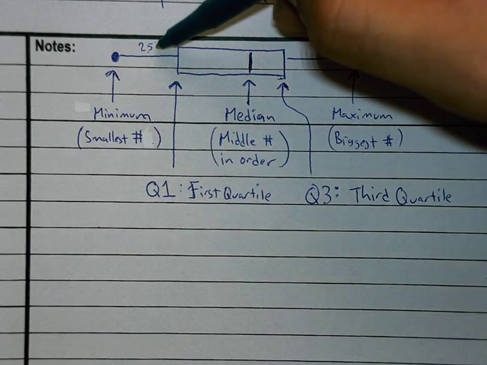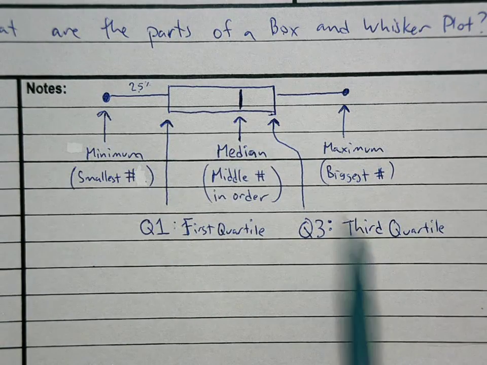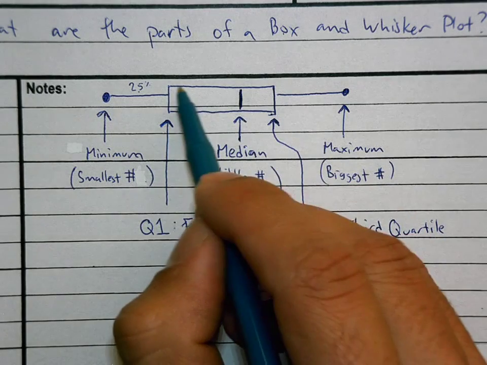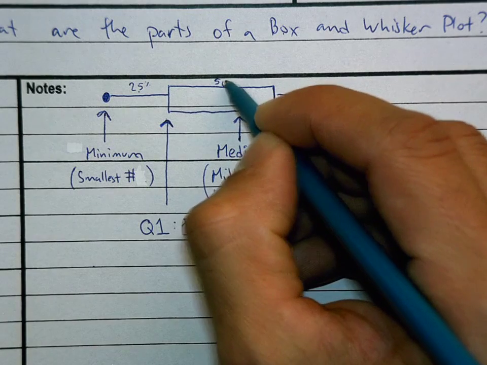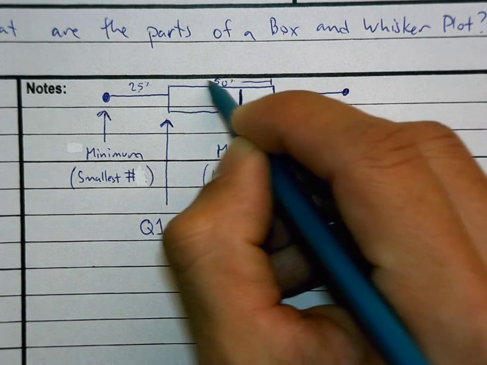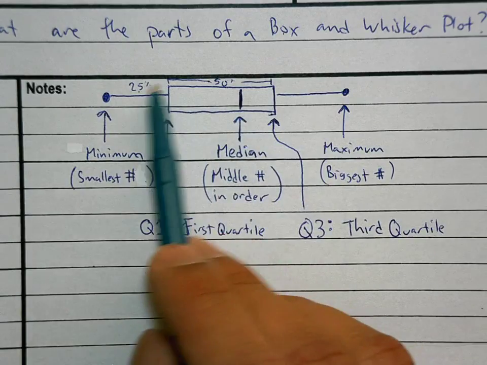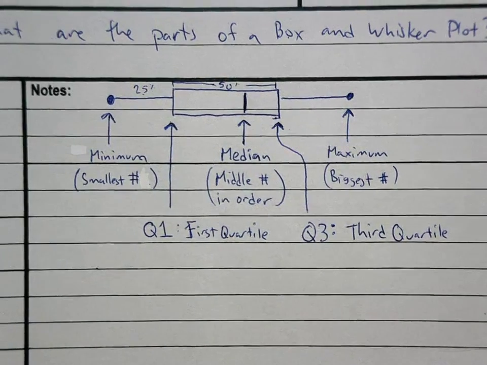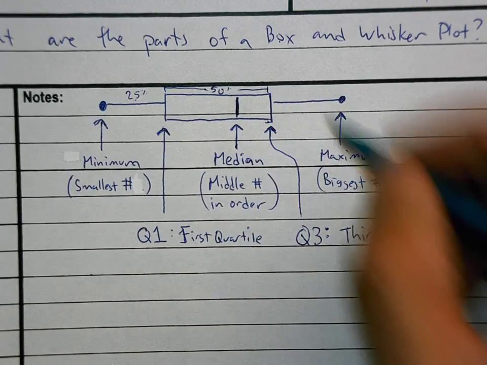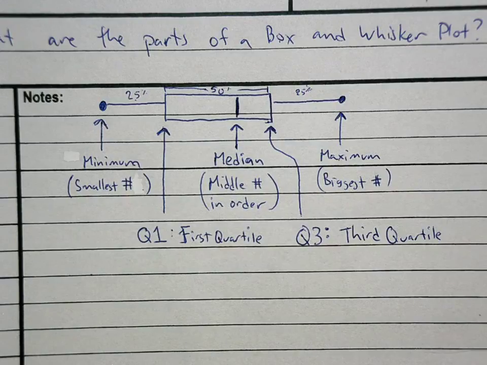If this is 25% of your data over here, and this is the third quarter, then the box from Q1 to Q3 represents 50% of your data. 50% plus the 25% makes a nice 75% of your data. That's what your third quartile represents. It also means that past the third quartile is another 25%, which makes a nice 100% for our graphs.